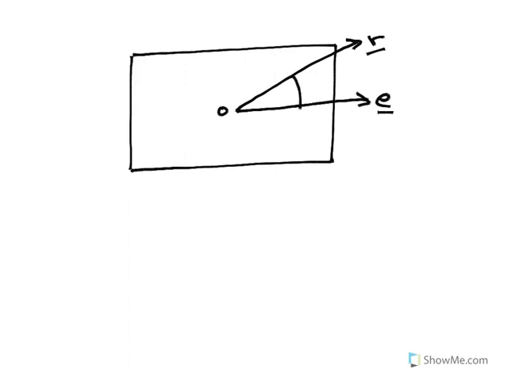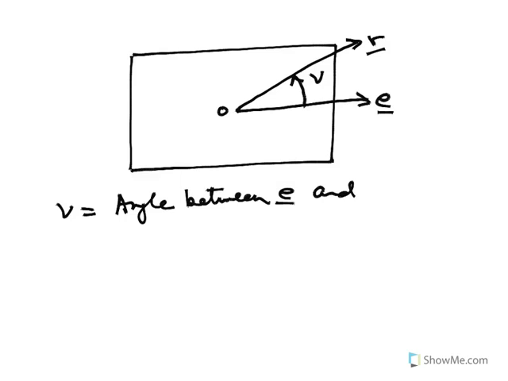And I'm going to call the angle between these nu. So nu is the angle between E and R. It's the angle between the eccentricity vector and the position.